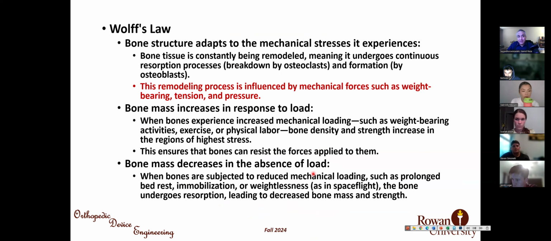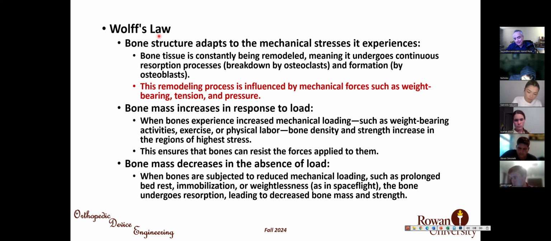Before explaining the mechanical stimulation, which is the most common and most effective one, let me explain a rule in bones. We have a rule or law called Wolff's law in bone.